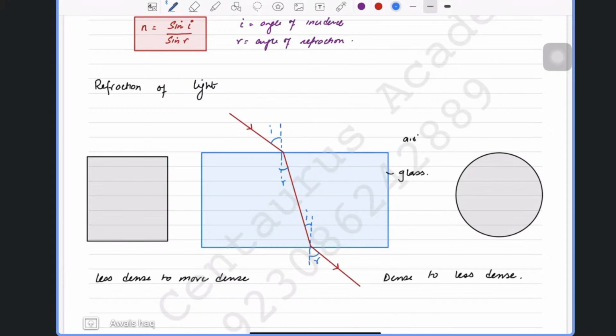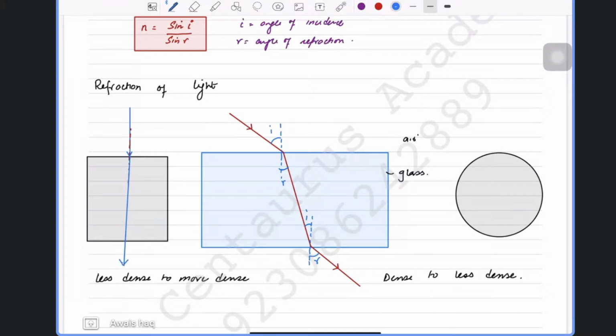Now, when it goes like this, I just want to tell you two things. If light comes directly straight like this, and the normal line and the ray are parallel, then this ray basically goes undeviated. It doesn't make any angle, right?